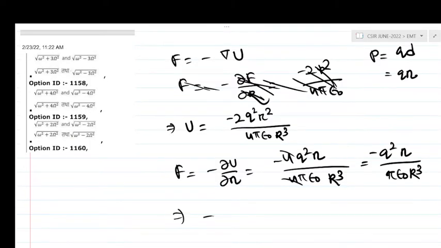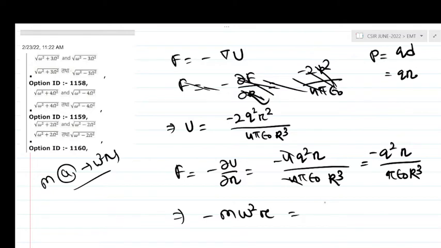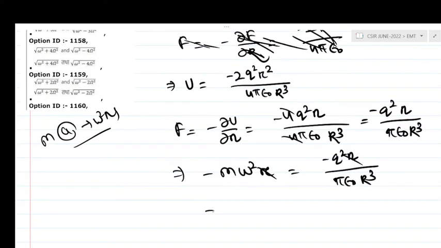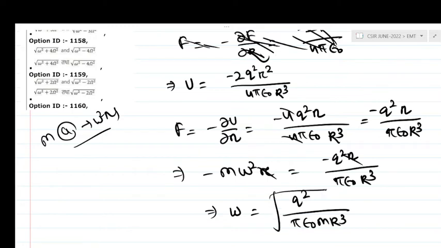And force is minus m omega square r, because m is the mass, a is the acceleration, a is omega square r, you know. Okay, and then minus q square r divided by pi epsilon naught R cube, and r and r get cancelled, minus gets plus, so omega square is q square divided by pi epsilon naught m R cube.